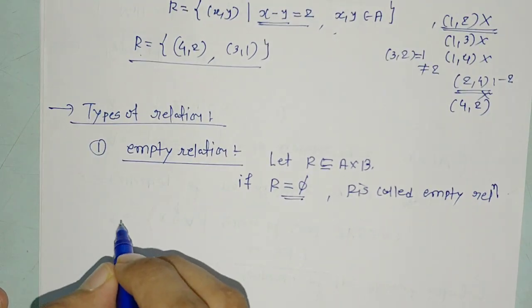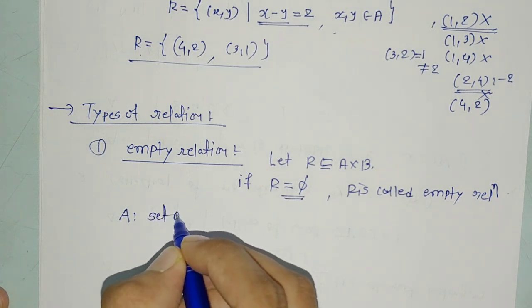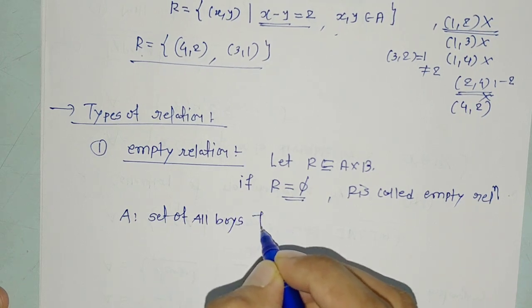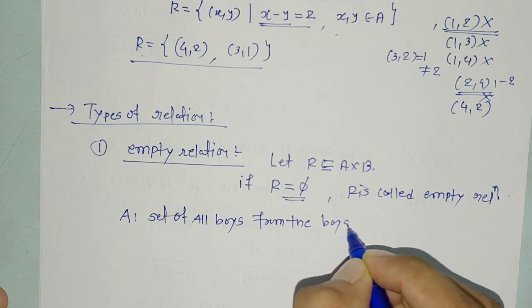Let's take an example. A is the set of all boys from the boys hostel.